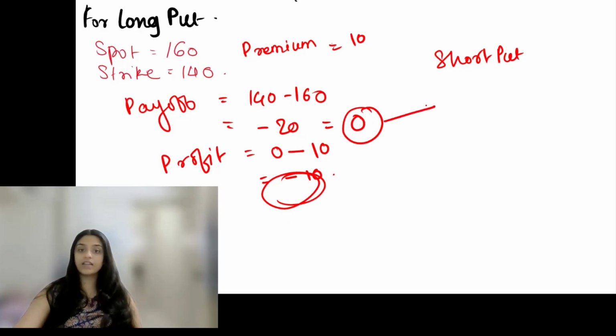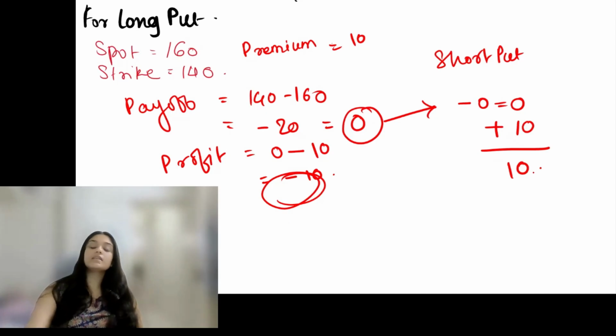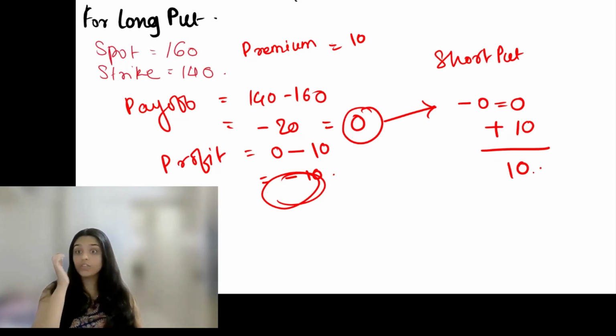Just take the negative of this number. Minus 0 is always 0. So 0 is the payoff of the short put position, plus the gains, that is the premium. He has gained the premium, correct? So 10 rupees is the final profit of the short put position.